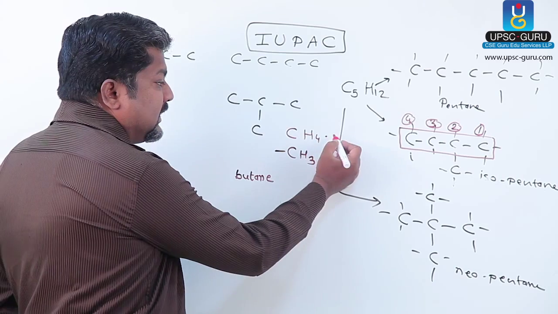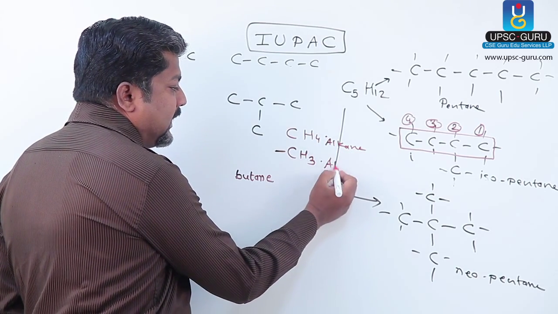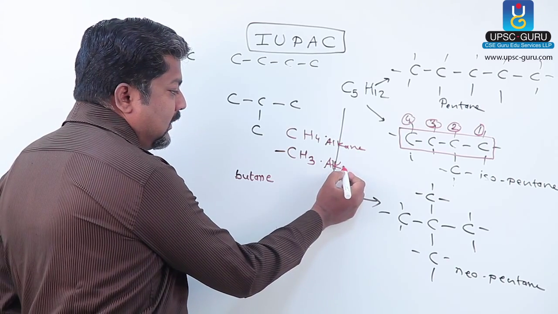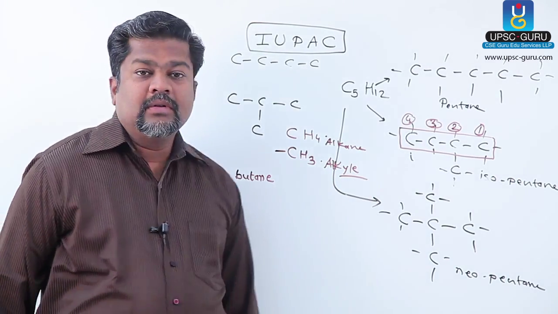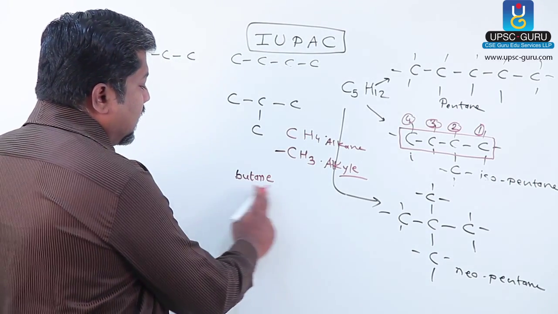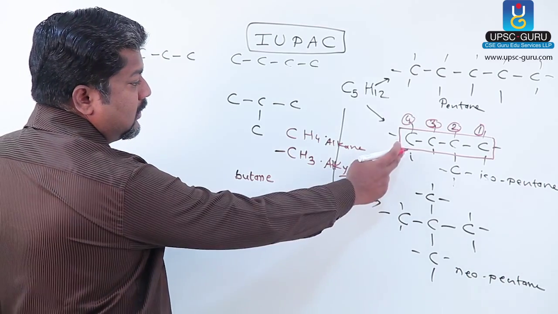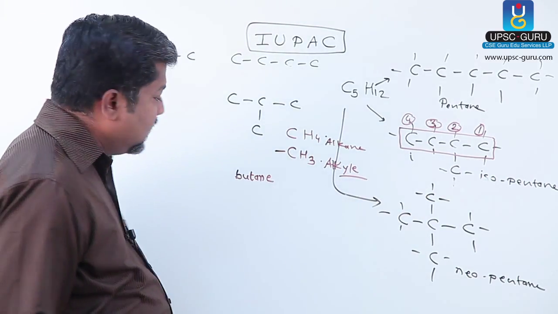Now here this is called as alkane. This is called as alkyl. So this is alkyl group. Now here it is butane. So parent chain having 4 numbers, so we are writing it as butane.